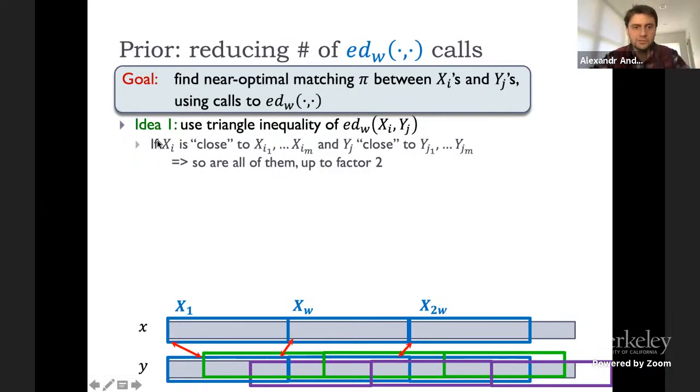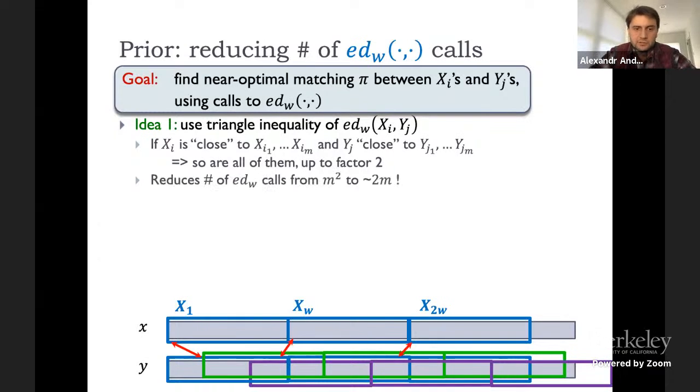In particular, imagine that x1 is close to all the substrings here in X, y1 is close to all the other substrings in Y, and x1 and y1 are also close. Well, by the triangle inequality, all the substrings are close to each other, maybe after some factor 2 loss.